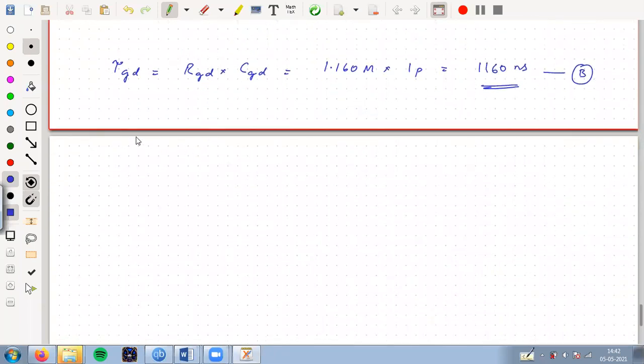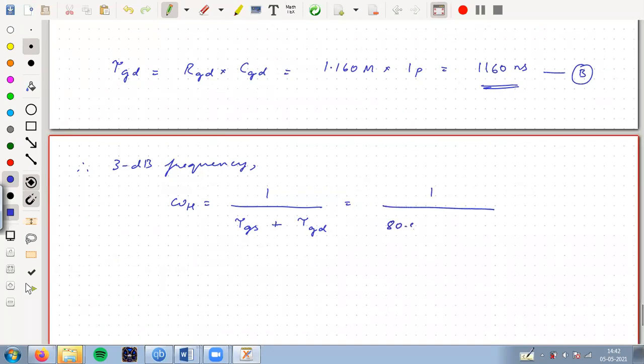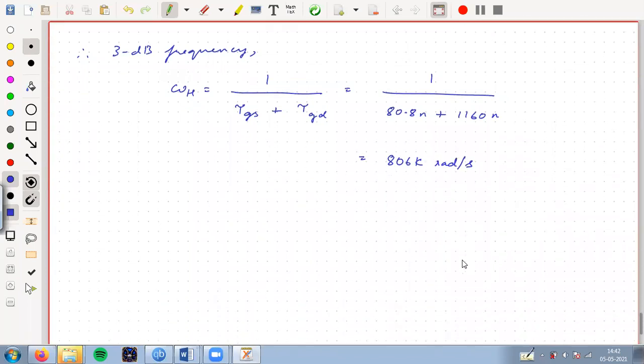So omega h, the 3 dB frequency, equals 1 by tau GS plus tau GD. So 1 divided by 80.8 nano plus 1160 nano will give me 806 kilo radians per second. Remember, it is omega, not frequency, it's not hertz.